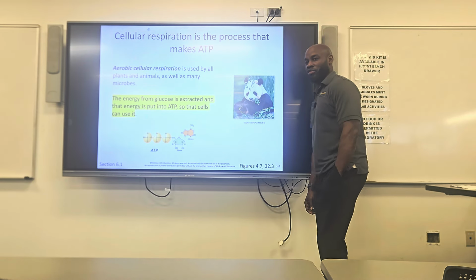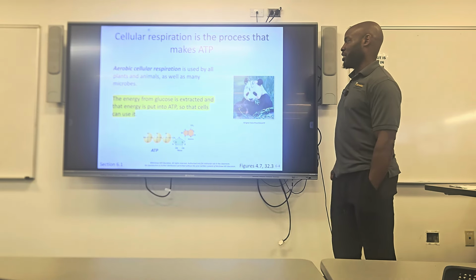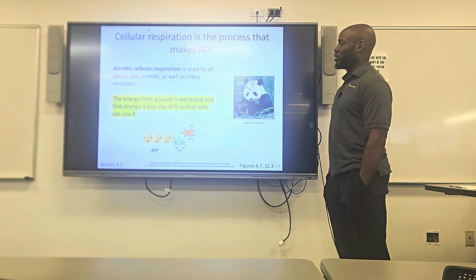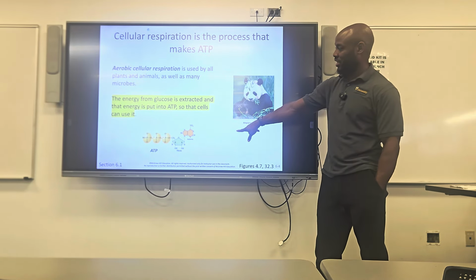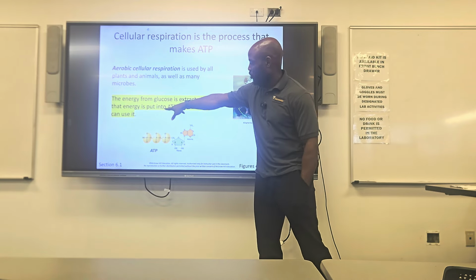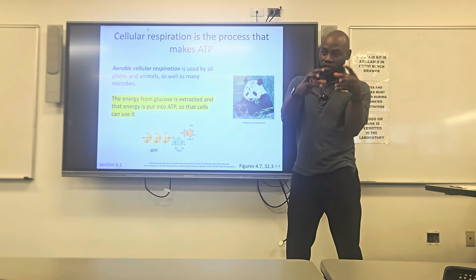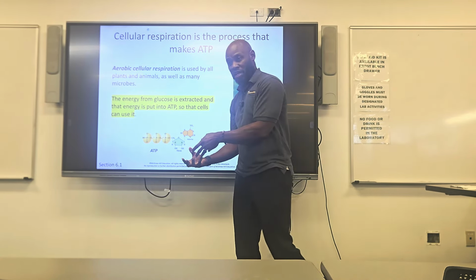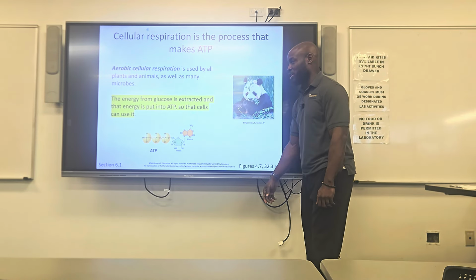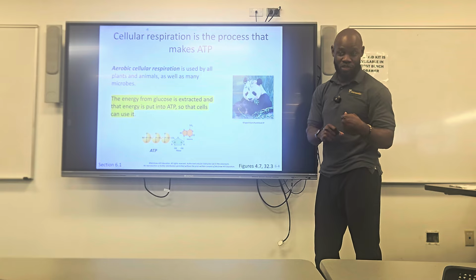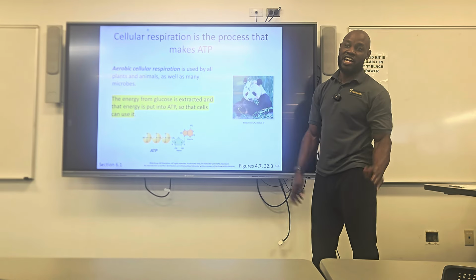Aerobic cellular respiration, what we just talked about in the lab, is used by all plants and animals, as well as many microbes. Energy from glucose is extracted, and that energy is put into ATP. So that glucose that the plant makes is then used to form ATP that the cell can then use to power the different reactions.